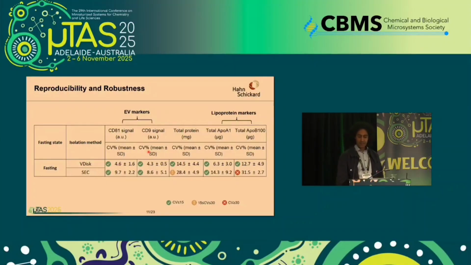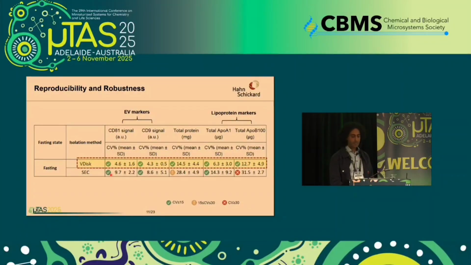Then we analyzed the EV isolates from each method using various biomarkers, for example, CD81 and CD9 EV-specific markers, total protein, and total ApoA and ApoB100, which are lipoprotein biomarkers. As you can see in this table, the CV values show the intra-donor variability of each measurement under fasting conditions.